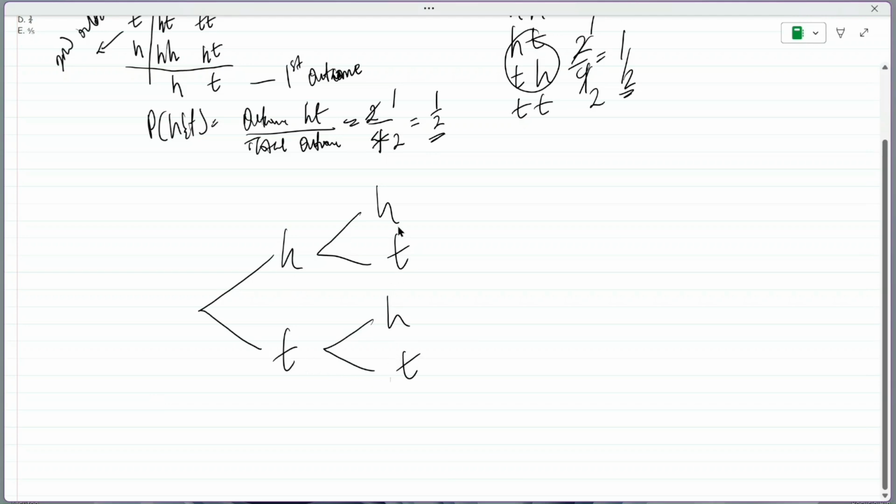So we will use this diagram to get out all our outcomes. We start from here. The head, that's one outcome. The same head to tail, that's the second outcome. Then tail first, then head next. Tail, head. Then the last one is tail, then the second toss gives you tail too. So you have tail, tail.